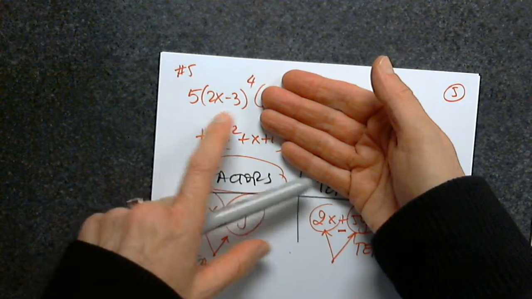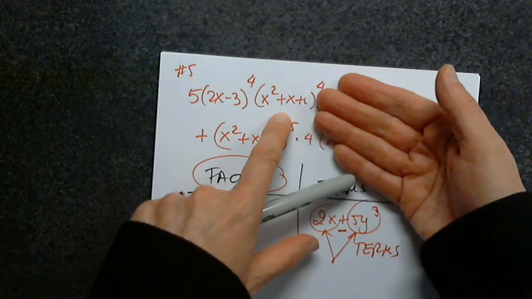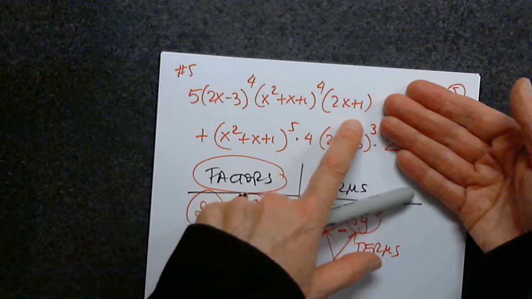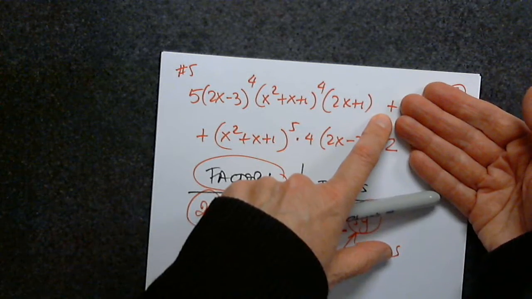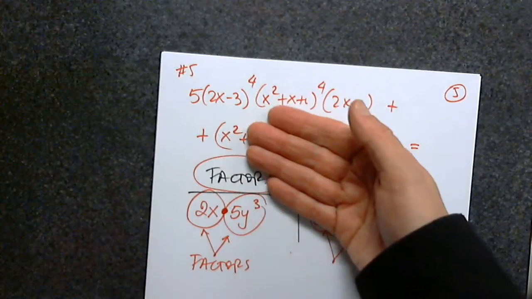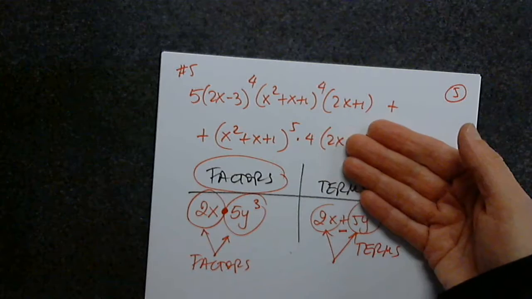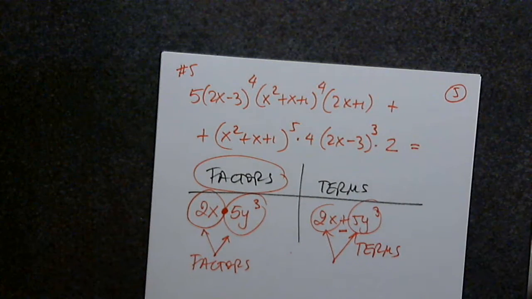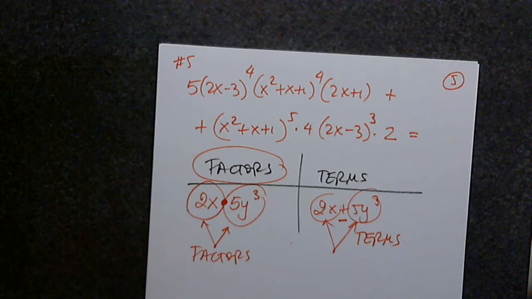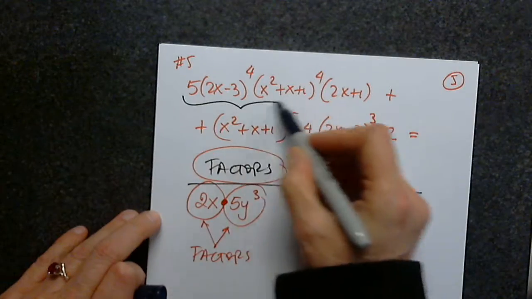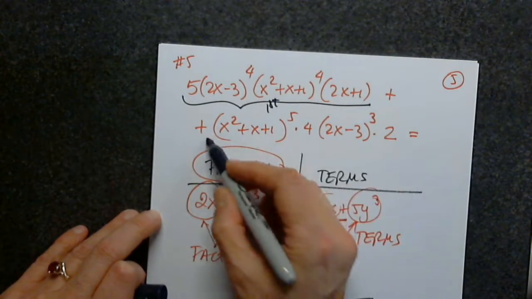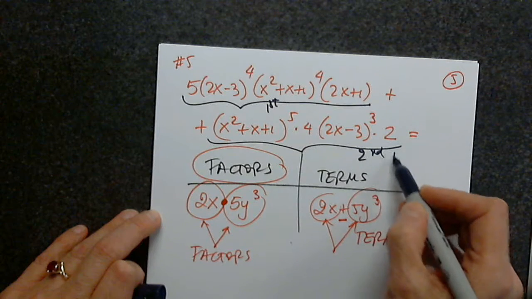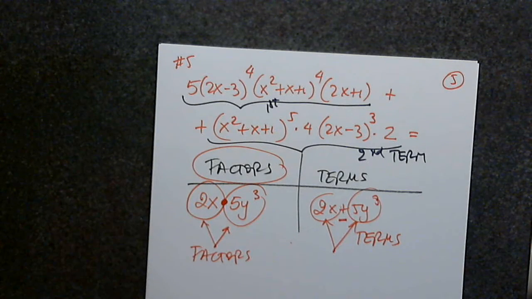This is a factor, this is a factor, this is a factor, this is a factor, times a factor times a factor times a factor. So one more time, how many terms? Yes. We have the first term, and we have the second term. Very important to establish that from the beginning.